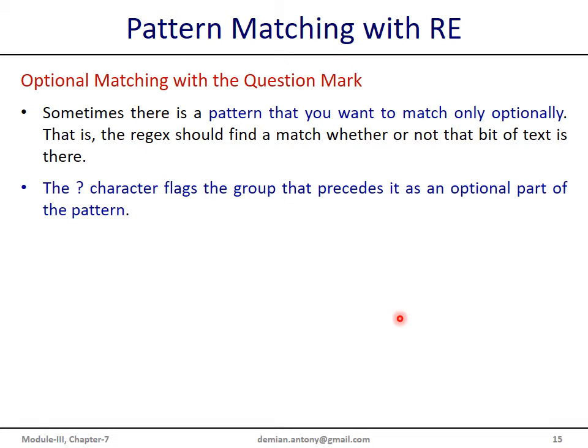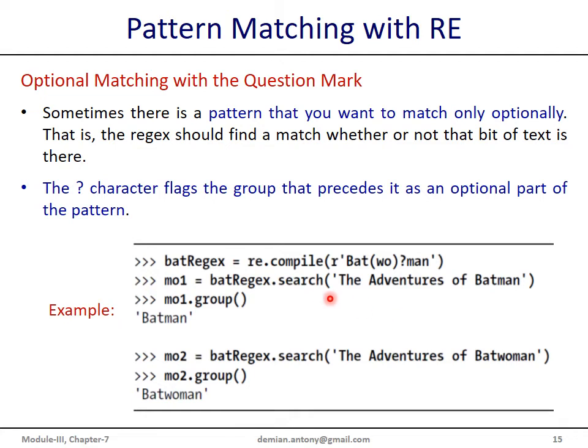The role of question mark. This question mark is used to represent the 0 or 1 occurrence of a given pattern or a given group in the regular expression. Let us take up the example.